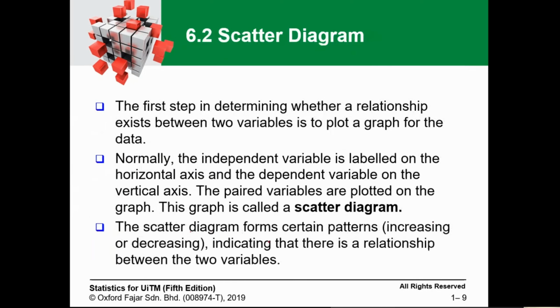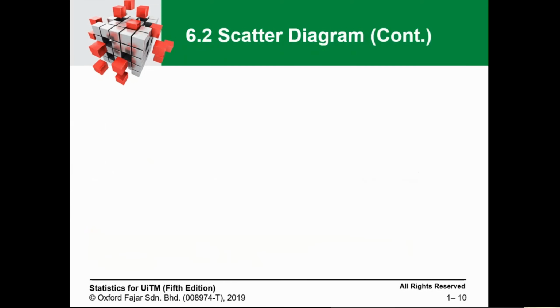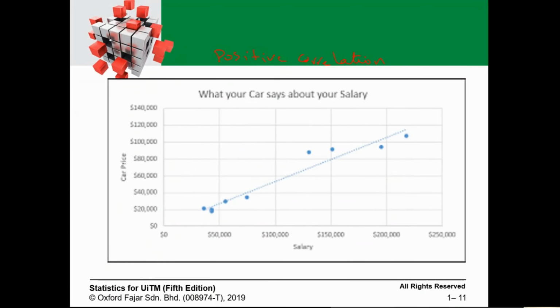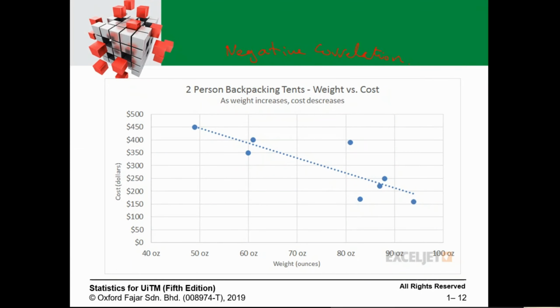We also learned yesterday about the scatter diagram. We gave an example of positive correlation between the car price and the salary. The higher your salary is, the more you plan to get a higher-priced car to drive. We gave an example of negative correlation, like the price of a two-person backpacking tent, the cost and weight.